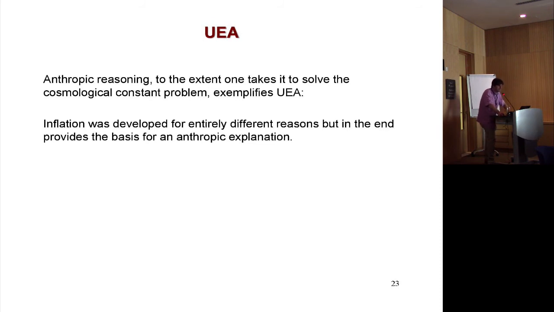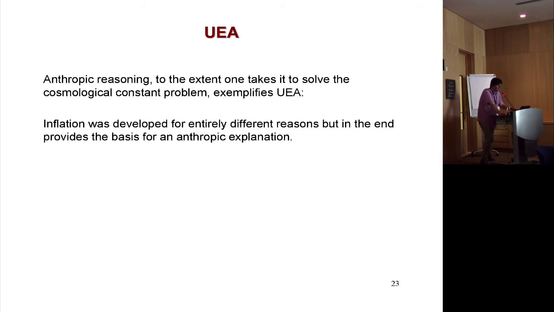I understand, but my understanding of the unexpected explanation argument was that the theory is designed to explain a certain set of phenomena, and unexpectedly manages to explain a totally different set of phenomena, whether empirically confirmed or not. But what is it that inflation has explained that was unexpected, and not designed to explain?